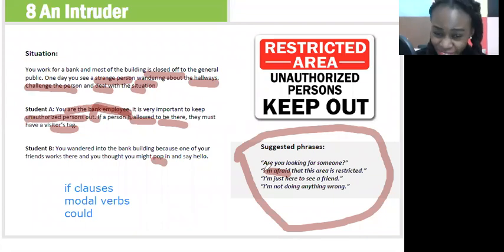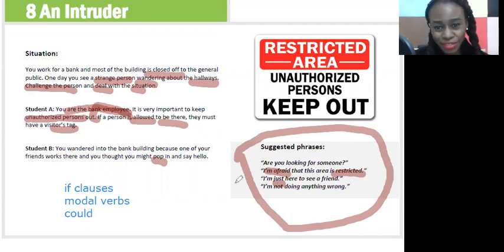So I'm afraid, maalesef bu yer sınırlı, yani herkes giremez. So I'm afraid that this area is restricted. I'm just here to see a friend. Buradaki just sadece, yani sadece bir arkadaş görmek için geldim. I'm just here to see a friend. I'm not doing anything wrong, yani. Hiç yanlış bir şey yapmadım. I'm not doing anything wrong.